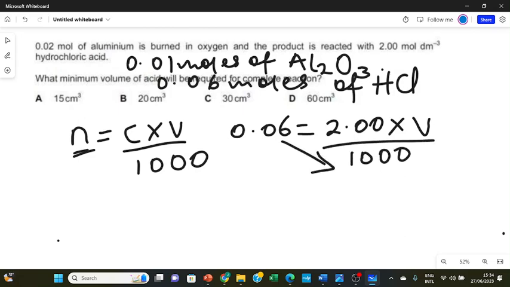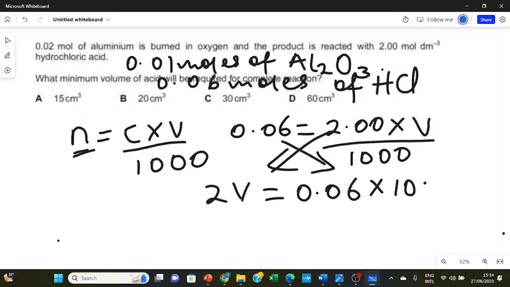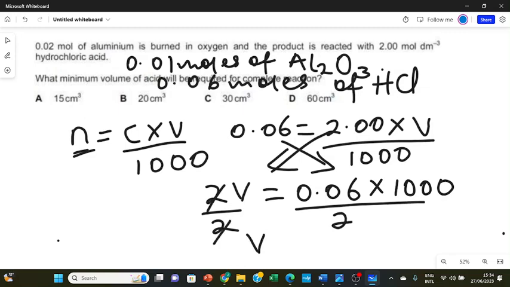So you cross multiply: 2.00 times V, 2V, is equal to 0.06 multiplied by 1000. To calculate the volume, divide both sides by 2. When you cancel out, volume will be equal to, using my calculator, 0.06 times 1000 divided by 2.